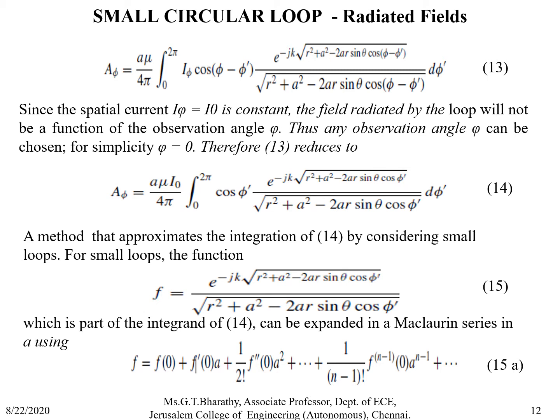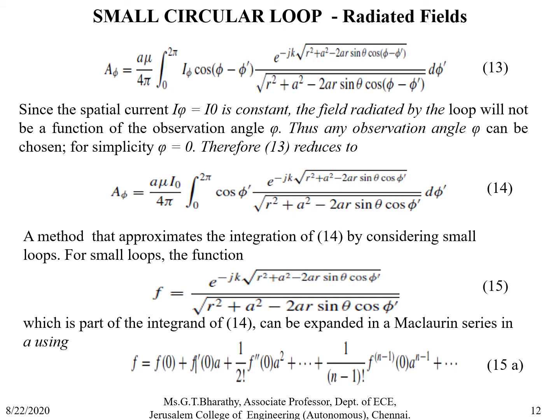So f is equal to e power minus jk square root of r squared plus a squared minus 2ar sin theta cos phi dash, divided by square root of r squared plus a squared minus 2ar sin theta cos phi dash. So this is a part of the integrand of equation 14 that is expanded using a Maclaurin series, which is given by the expression f is equal to f of 0 plus f dash of 0 into a plus 1 by 2 factorial f double dash of 0 into a squared plus etc.